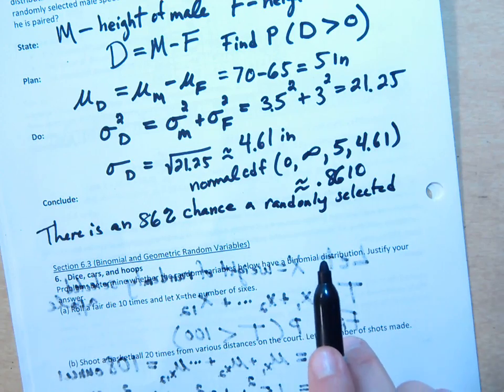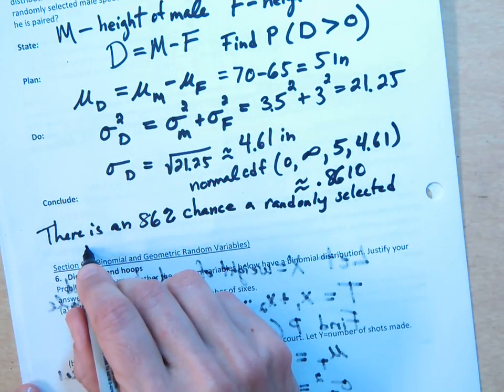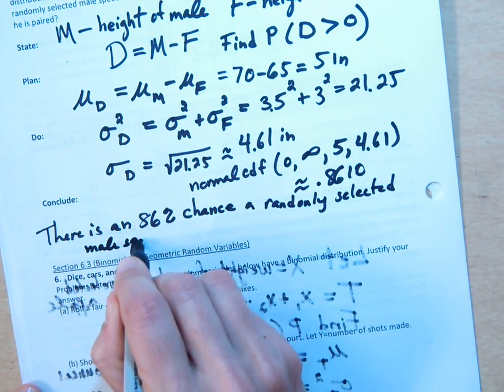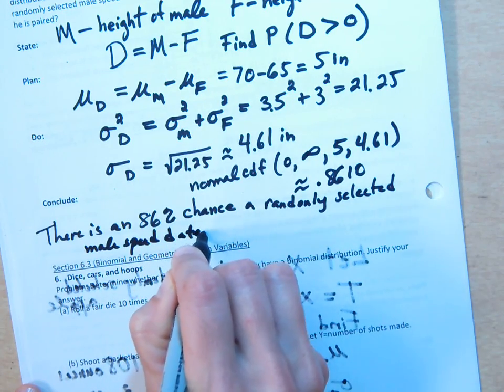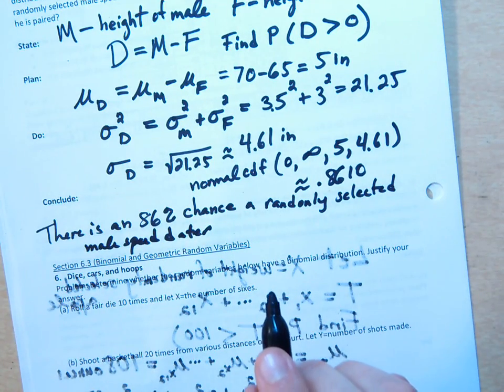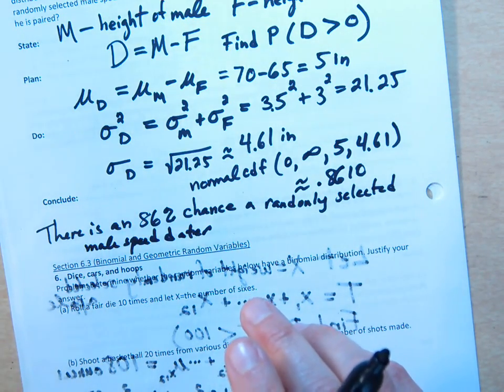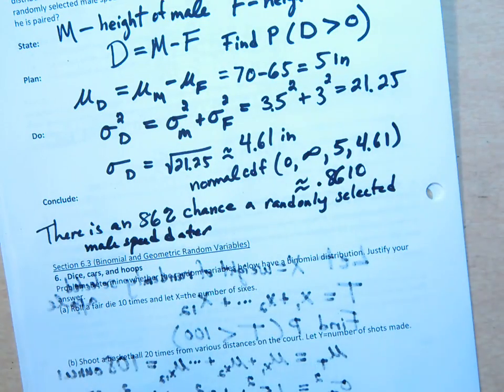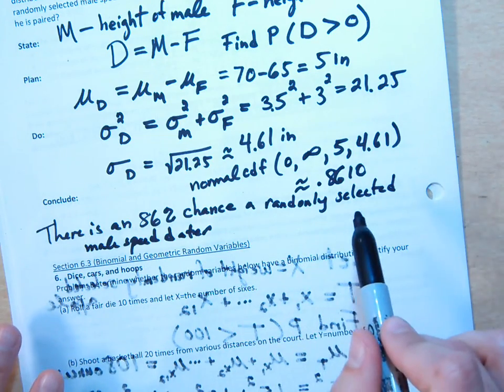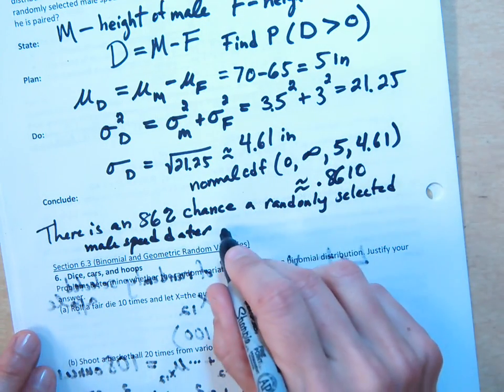There's an 86% chance a randomly selected male speed dater is taller. Eventually, if we want to know if some experiment we're selecting has an effect on the outcome, then we compare it to what happens when we just randomly select.